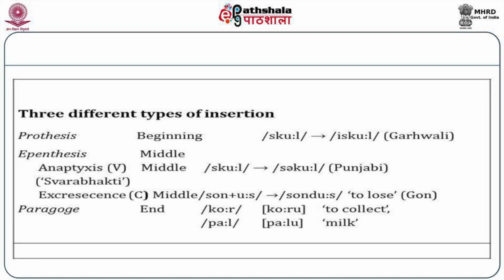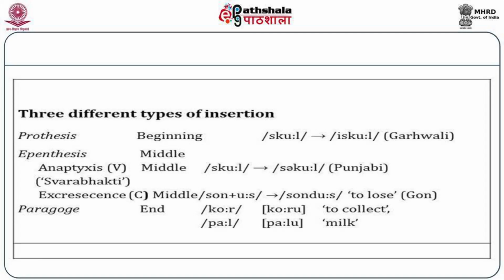Epenthesis is the insertion taking place in the middle of a word. For example, in Punjabi, the word school is pronounced as sakul. The insertion of the vowel a is between sa and ka.